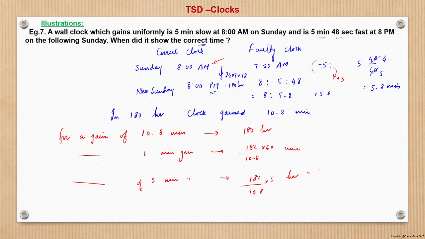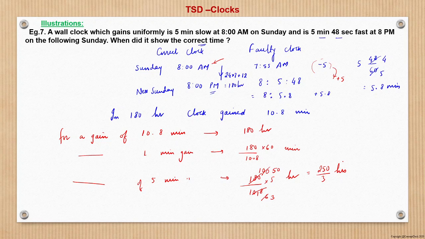And this is nothing but 900 upon 10.8. You can cancel this out also. So 180 upon 10.8 into 5 comes out as 250 by 3 hours.